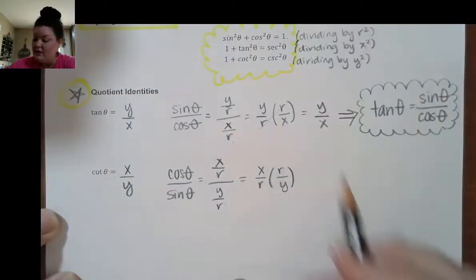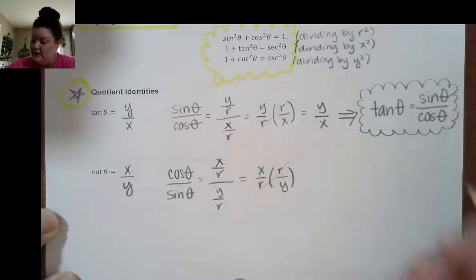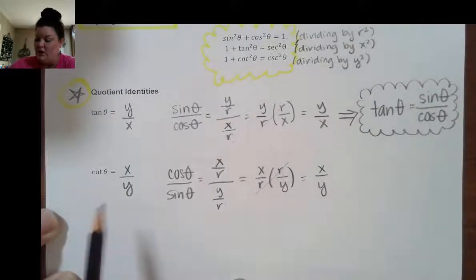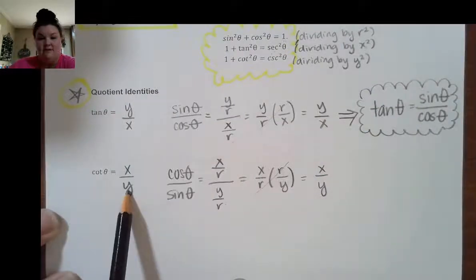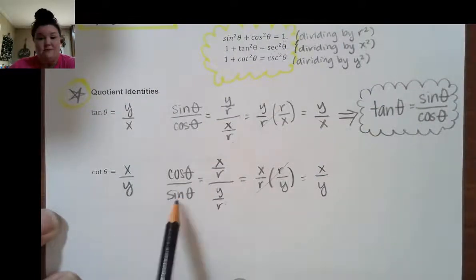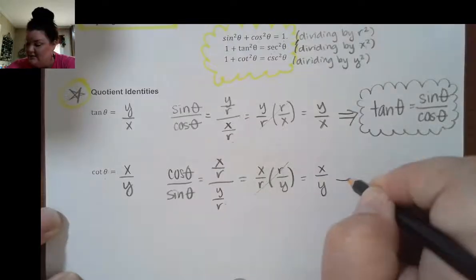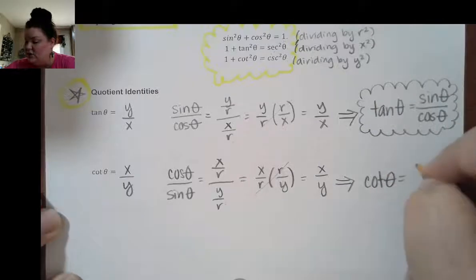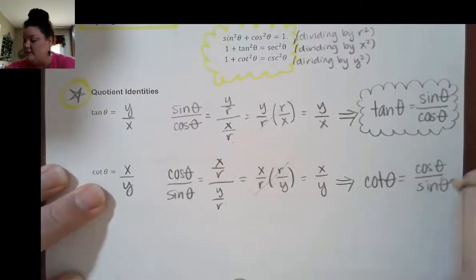Then my r's cancel, and I end up with x over y. So if cotangent equals x over y, and cosine over sine equals x over y, then that means that cotangent theta is equal to cosine theta over sine theta, right?